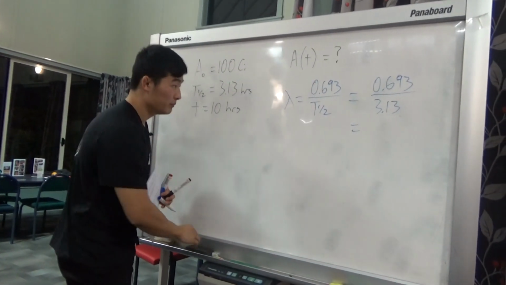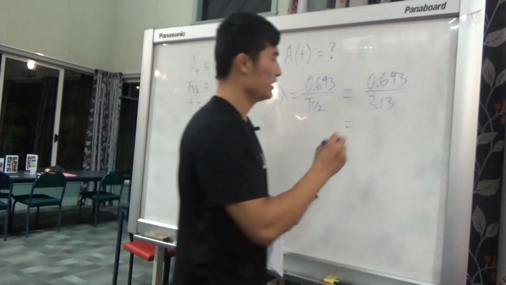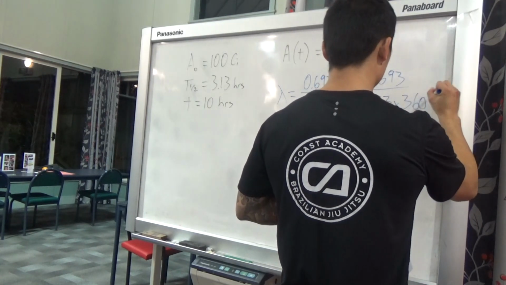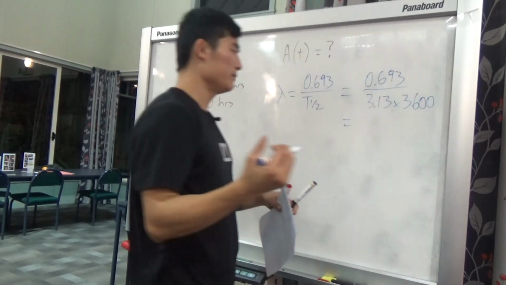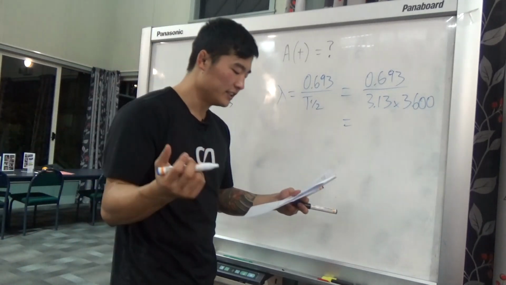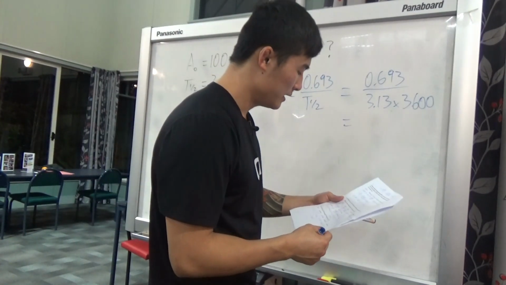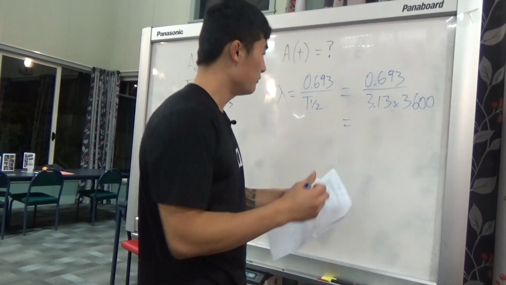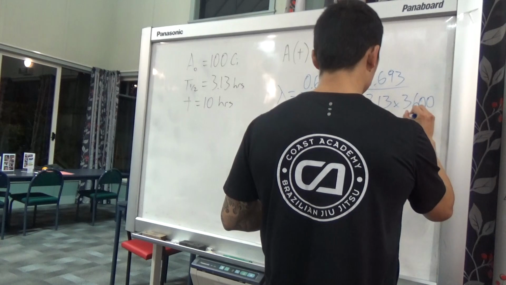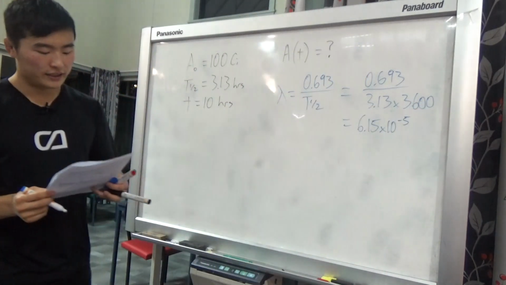Sorry. Actually I turned, so this was 3.13 times 3,600. So I just turned them into seconds because I'd done that before, and we already have the decay constant from before. So in seconds, that was 6.15 times 10 to the negative 5. Remember? From our last question, from number 5.